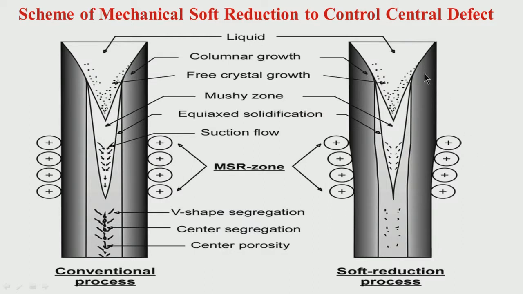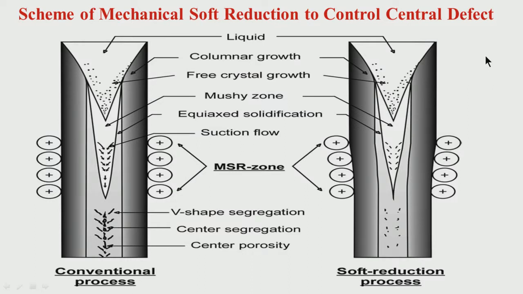So, the initial thickness was something like this before the final solidification front. Slowly you are decreasing the thickness, and in the process you are increasing the pressure, and finally the thickness is like this. That means you will find the original thickness has become slightly lower due to mechanical soft reduction.